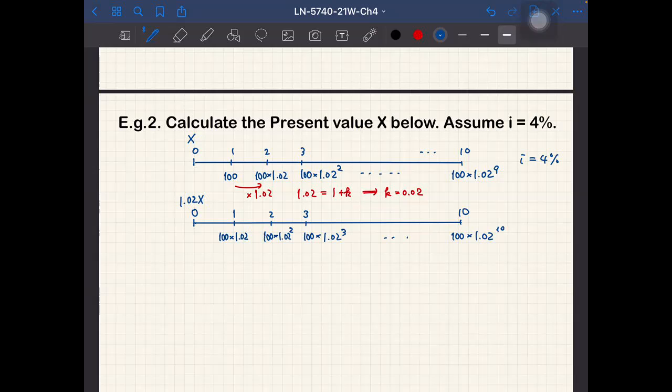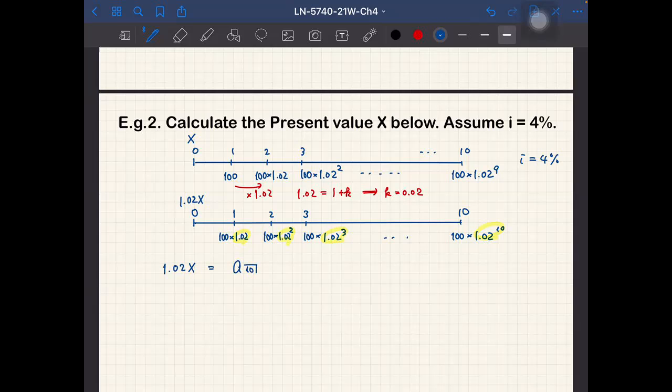So in this way, we can apply the previous formula. So now that we have 1 plus k, square of 1 plus k, cube of 1 plus k, up to the nth power of 1 plus k. So now we can get 1.02x is equal to 100 times a right angle 10 at j.